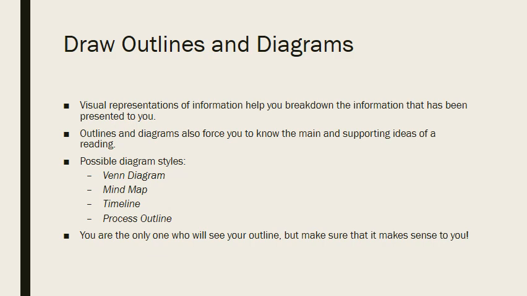And so, say you're reading something about mitosis, right? And so, well, what's the main idea of the article? It's discussing mitosis, and then maybe the branches of your diagram would be the different stages of mitosis or something along those lines.